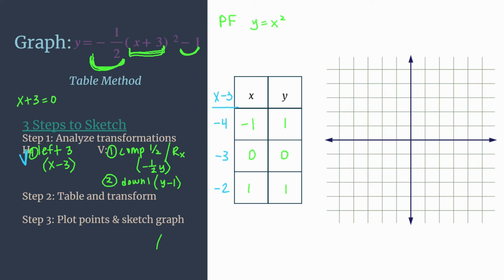Now we'll have 2 columns for our vertical transformations. We'll first have this -1/2 times our y's, and then from there we'll subtract 1. First, multiply by -1/2, and keep in mind this does reflect and compress at the same time.